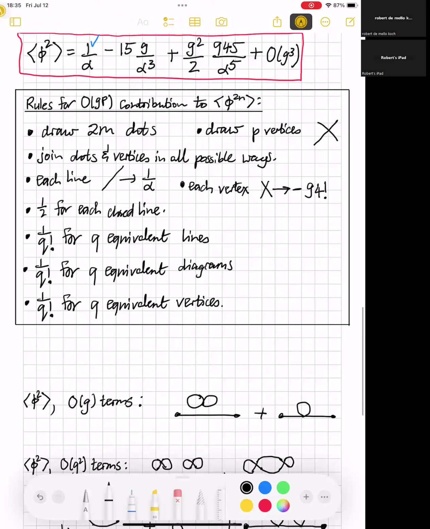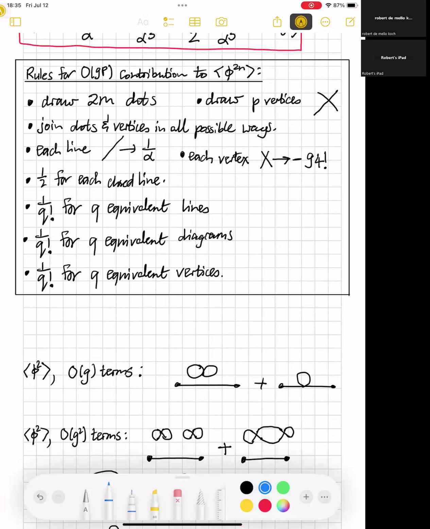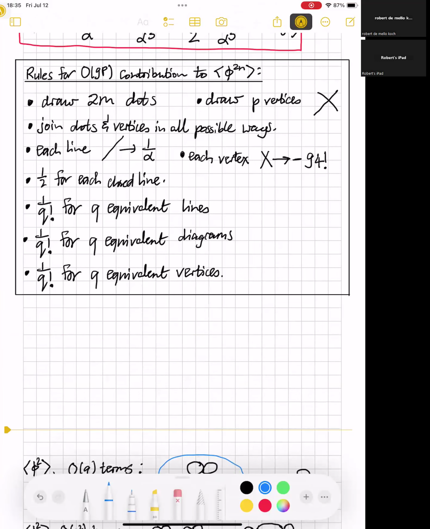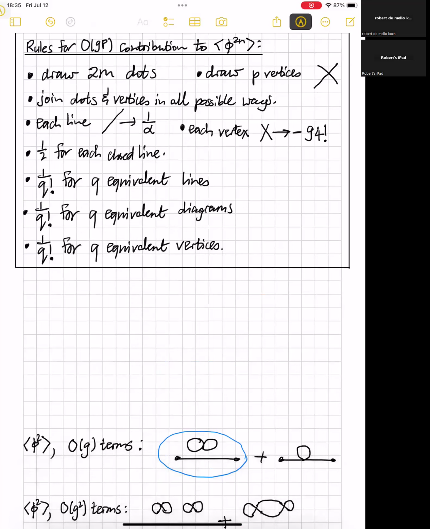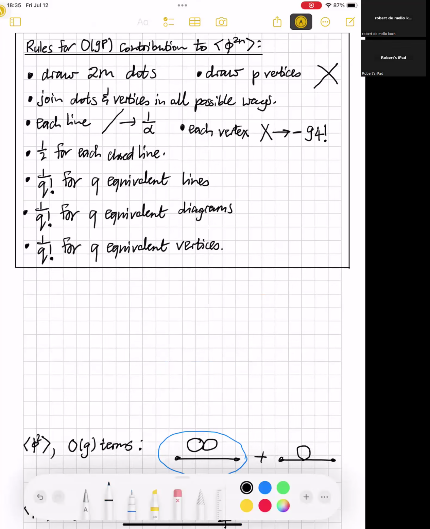Okay, so let's look at this diagram over here, and let's see what this gives us. I just want a little bit of space to work, so let's insert a bit of space and move this down a bit. If we want to work on this first diagram, first of all, we need to count how many lines. So there's one line, 2, 3.